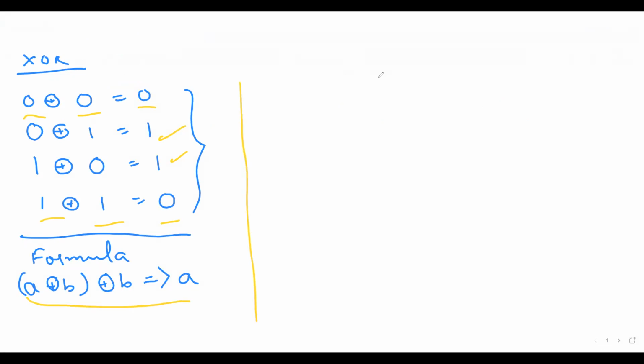See how this formula is working. Basically they have given A XOR B and then the whole XOR B. So what will happen if we remove the small brackets? We know that XOR of similar values is always 0, like 1 XOR 1 is 0, 0 XOR 0 is 0.